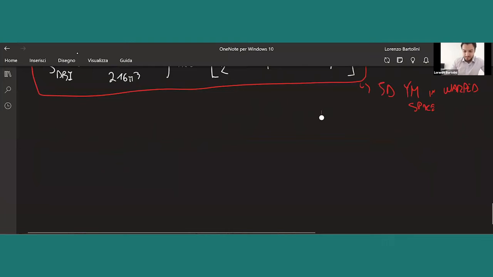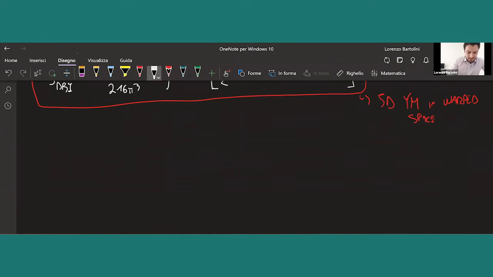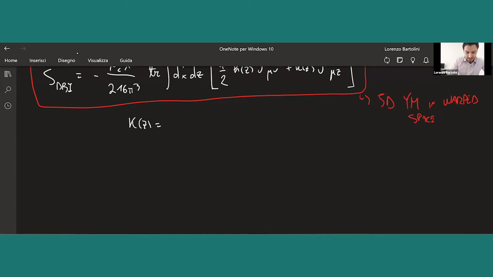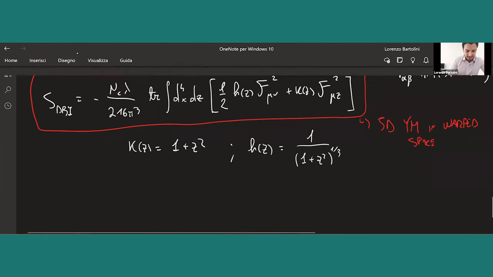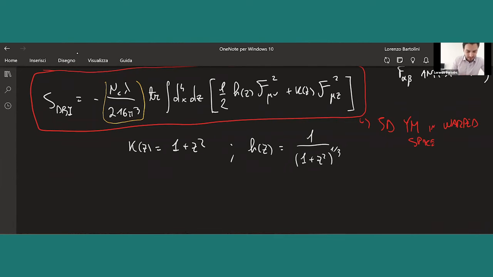And these functions, k of z is equal to 1 plus z squared, and h of z is 1 over 1 plus z squared. And I'll be honest, I don't remember if it's 2/3 or 1/3. It's details that are not that important now. But I think it's 1/3. And for shortness' sake, we will call this overall factor k.